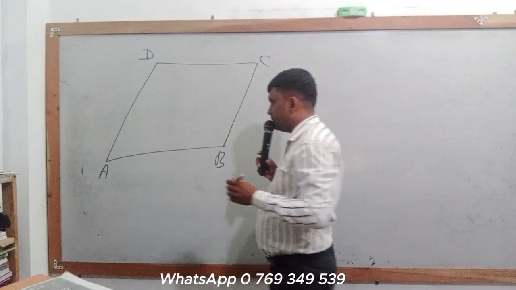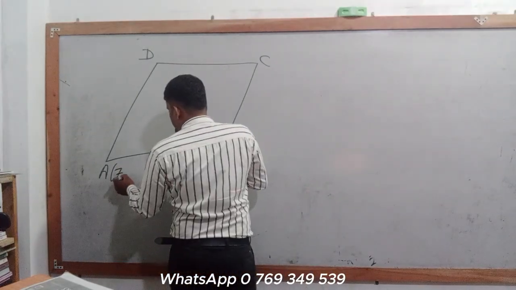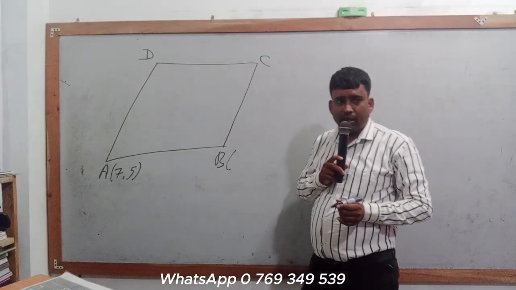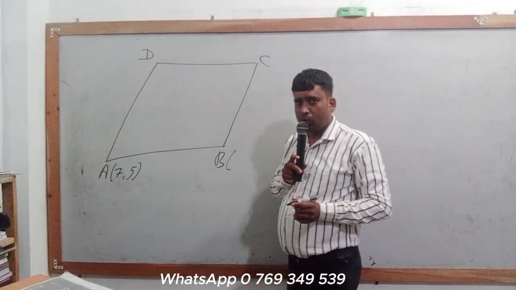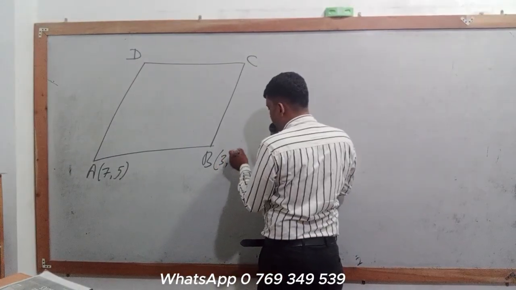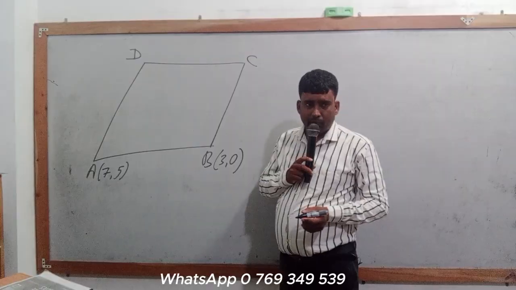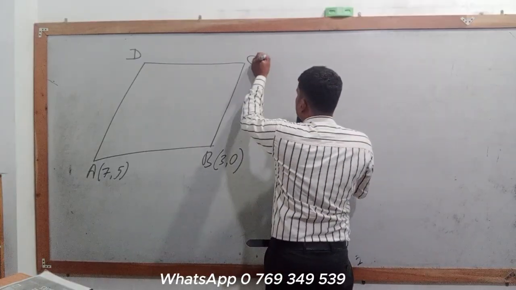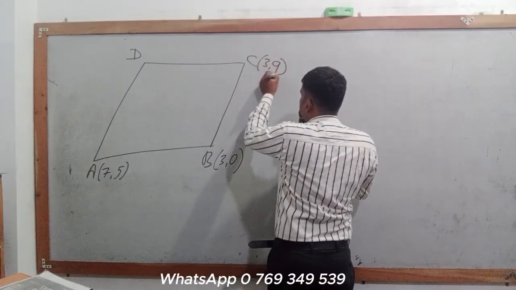Point A 7, 5. B given 3, 0, and point C given 3, 9.